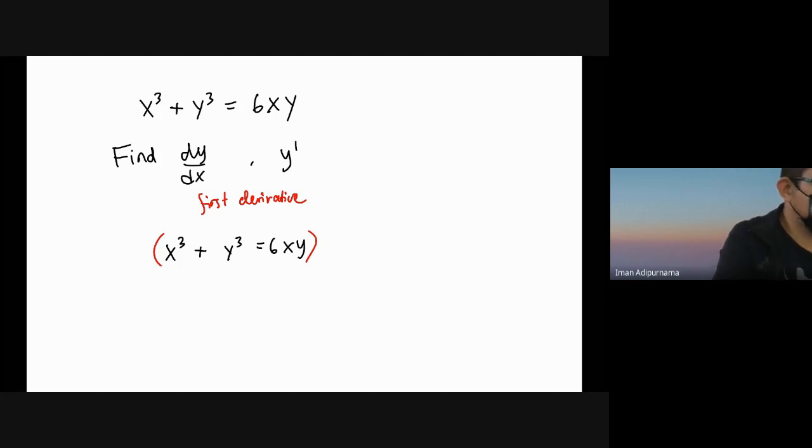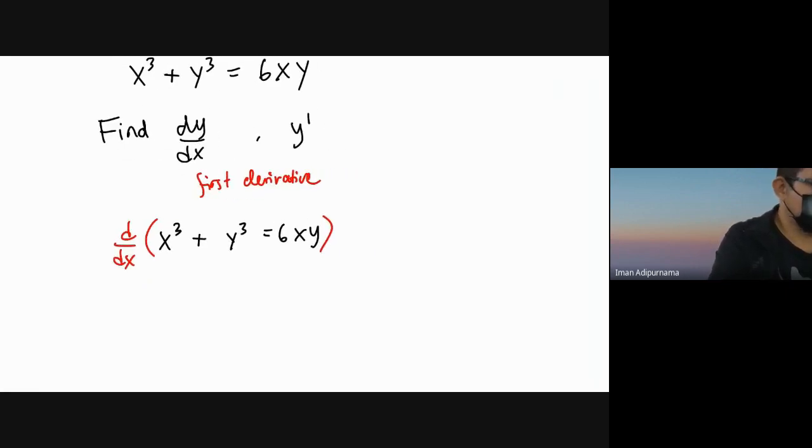So left and right, we derive with respect to x, and this will be 3x squared, plus 3y squared, but adding dy dx for y.